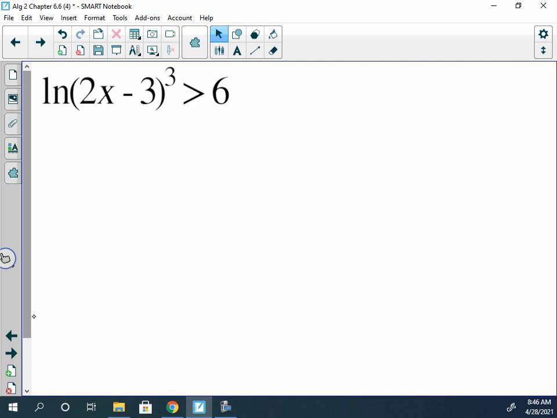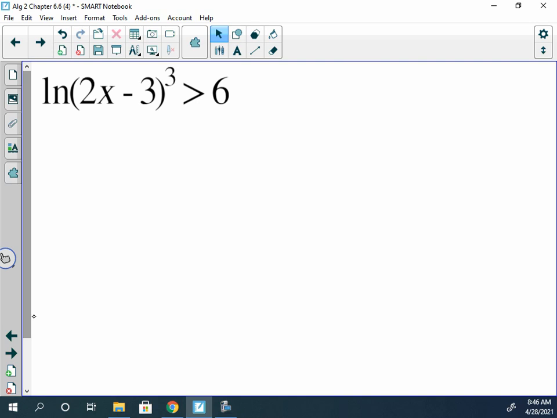Now, the way that we've written this here and the way that we would think about this is a little bit different, because if we wanted to be mathematically rigorous, we would really need another set of parentheses around the 2x minus 3 cubed. Because if we treated it as the natural log of 2x minus 3 cubed, we're really cubing the natural log. We're not cubing what's inside.